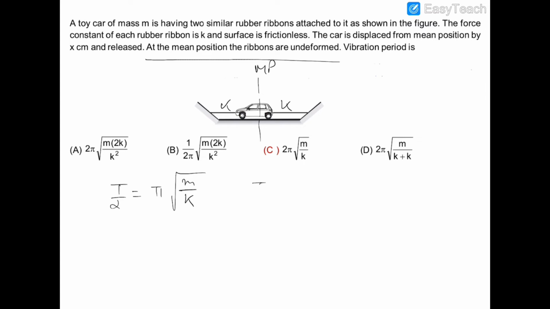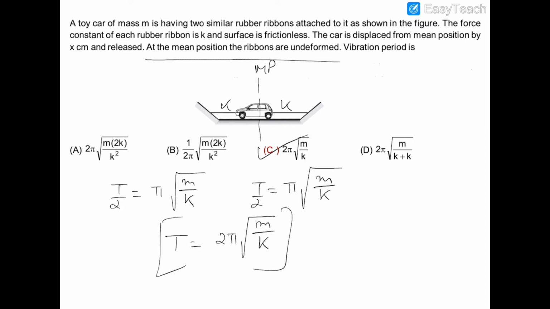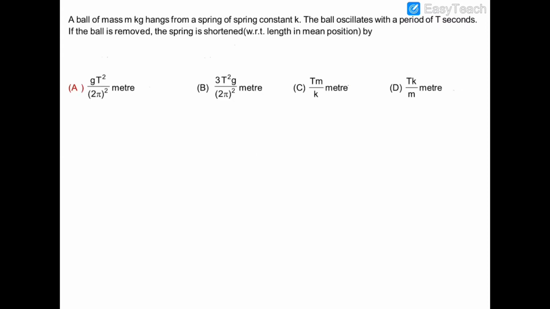So the remaining half time period would be pi under root m by k. So the total time period would be 2 pi under root m by k. So the correct answer would be option number C. Now let's move on to the next question.